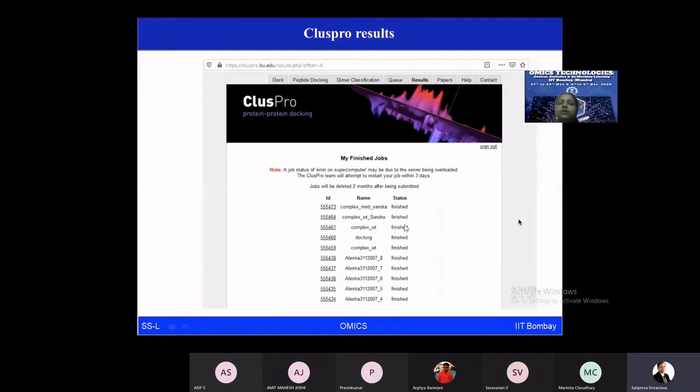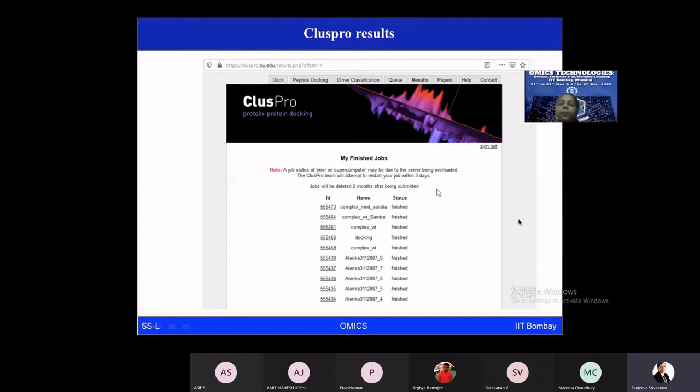Once the job is completed, it will come under my finished jobs, and we can see that our docking job got over and it will say finished. Now this server will keep the information about all the analysis only for 3 days, after which it will delete all the information from the servers.